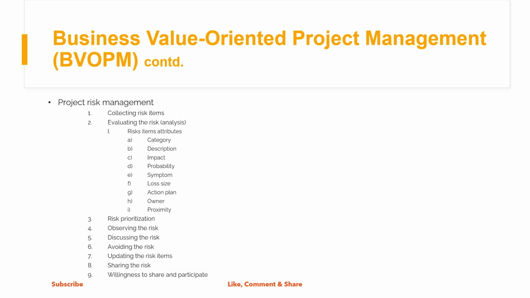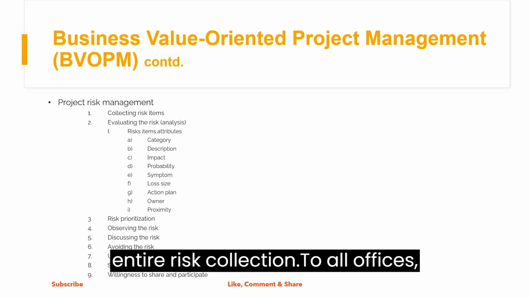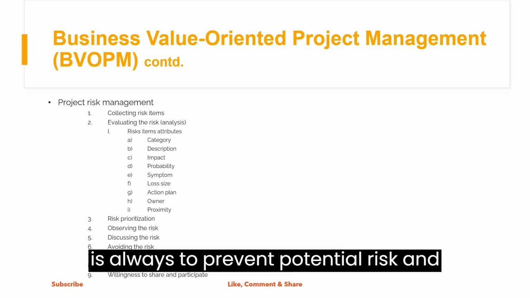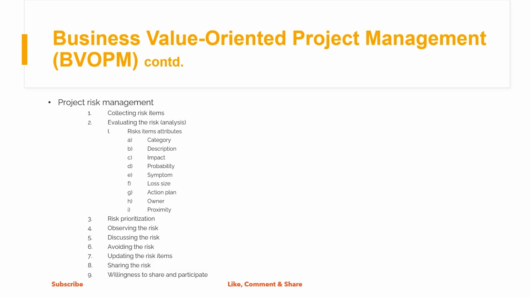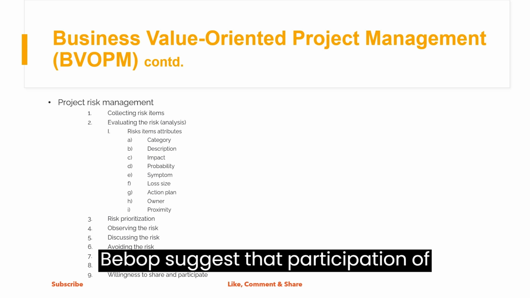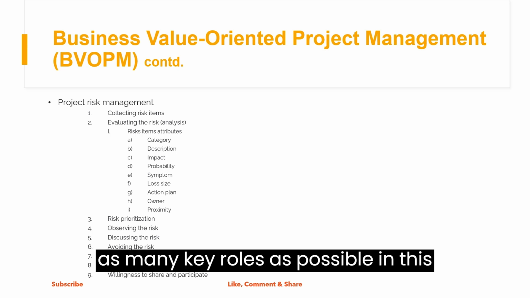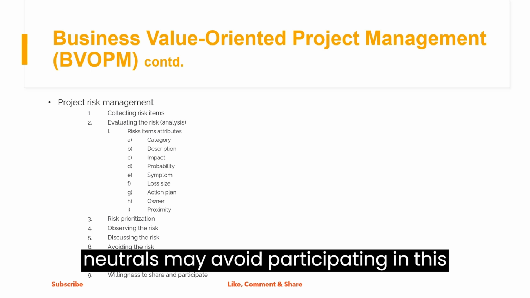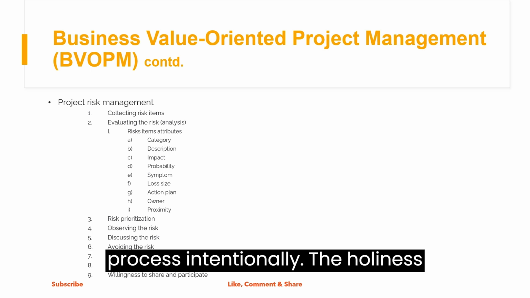Sharing the risk. Risk sharing involves providing the entire risk collection to all officers, teams, key roles, and stakeholders. It is always to prevent potential risk and to improve their collection. Willingness to share and participate. The BOP suggests the participation of as many key roles as possible in risk management. Some departments and individuals may avoid participating in this process intentionally.